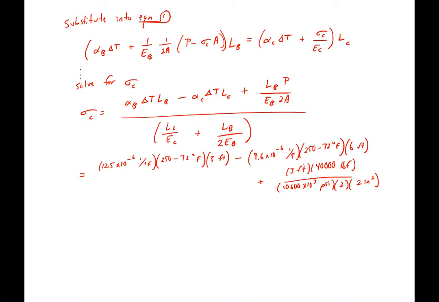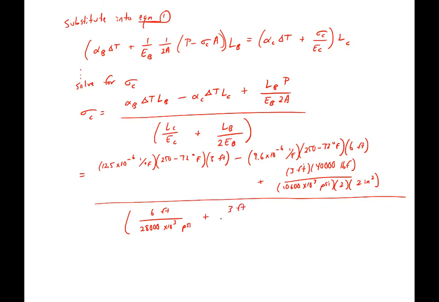So that 2 inches squared is the cross section of the bar. All of that over LC over EC, which is 6 feet over 28,000 times 10 to the third psi, plus 3 feet over 2 times 10,600 times 10 to the third psi.